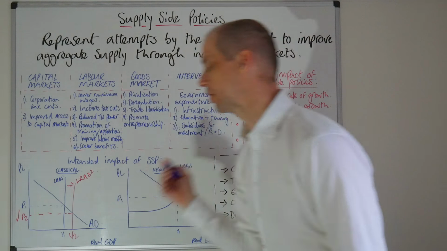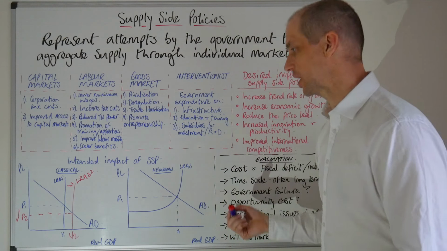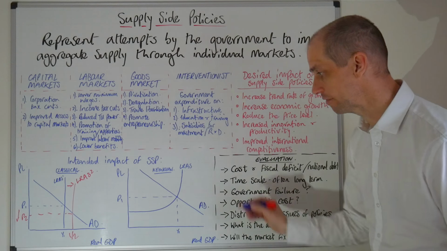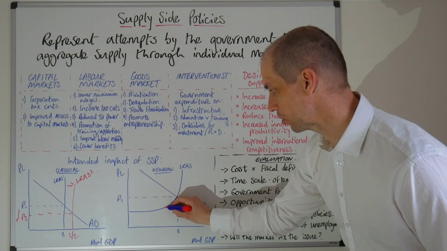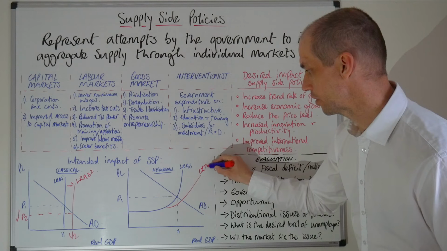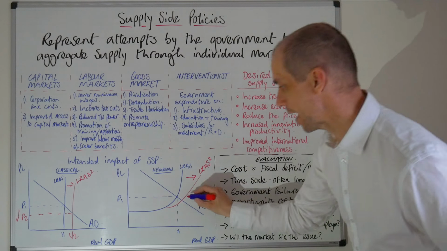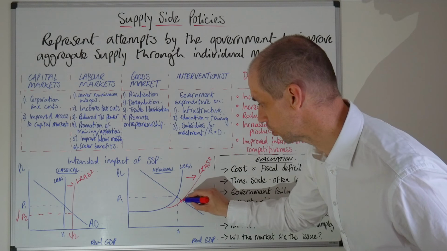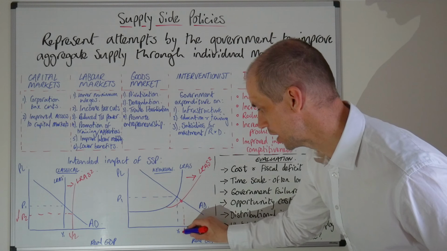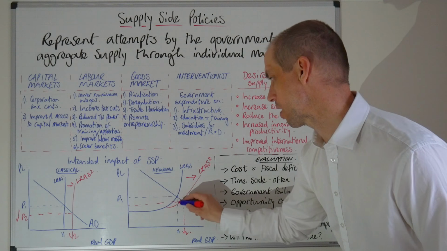Okay, so we see that under our classical model of the vertical inelastic long run aggregate supply curve. Meanwhile, under the Keynesian model, we can see this sort of scenario playing through, that we achieve long run aggregate supply curve 2 there, and that is of course at a lower price level and a higher level of economic growth.